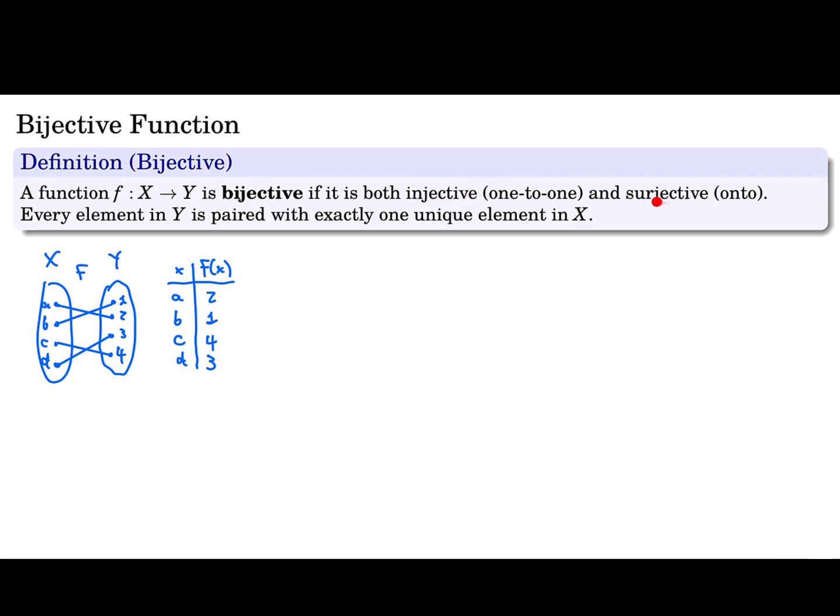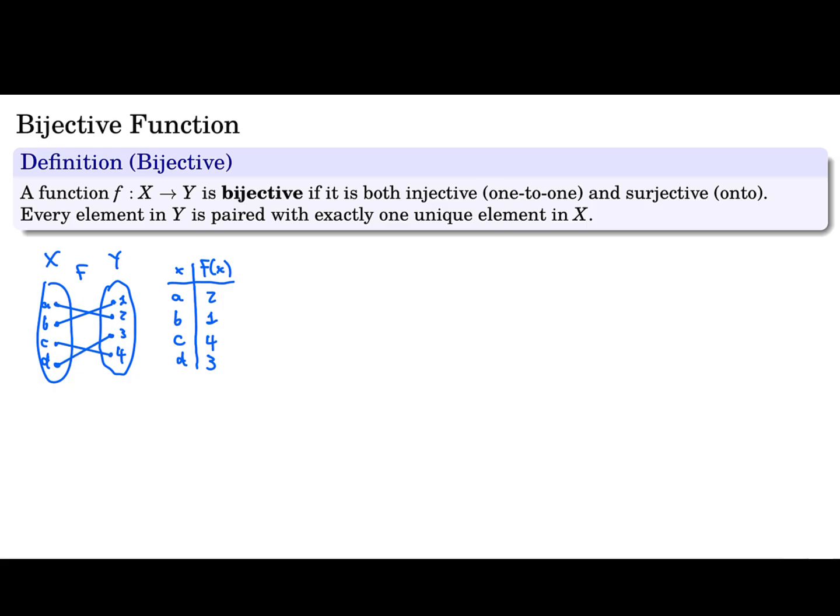Now, for surjectivity, we need to see that every element in Y is the output of someone in X. And that corresponds to every element here having to come from someone. So you can see 1 comes from someone, 2 comes from someone, 3 comes from someone, and 4 comes from someone.